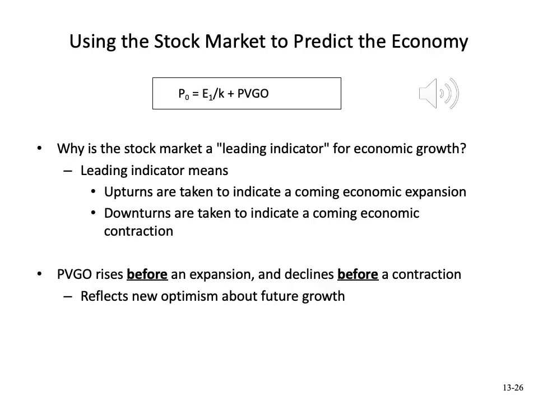So in this formula, because the stock price is a leading indicator of the economy's growth, most of the time the present value of the growth opportunity will go up before an economic expansion, and the present value of the growth opportunity will decline before a contraction in the economy.